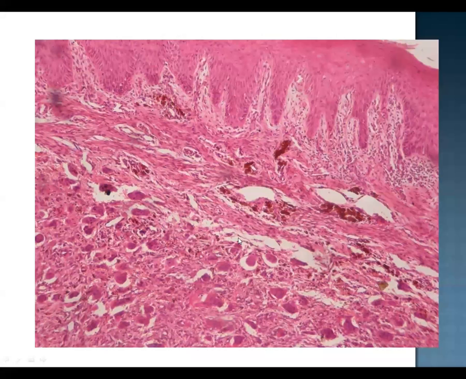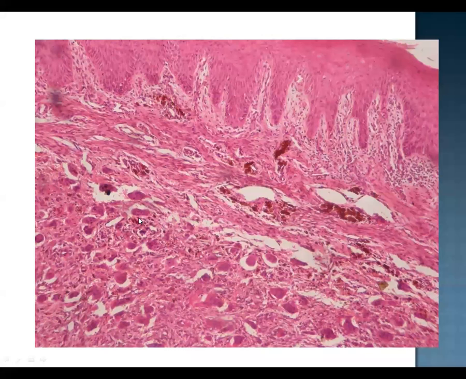Below that, there are large cells of various shapes, oval, elongated, circular, or any shape, and they contain several dozens of nuclei, ranging from 20 to 100 nuclei within each single cell.